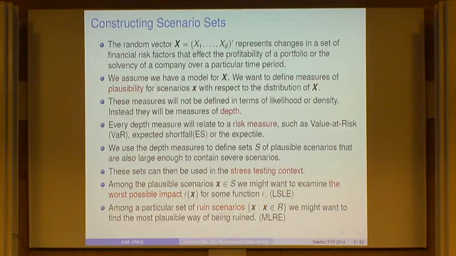I would rather call it the least solvent plausible event, but that doesn't give you such a nice acronym. You can't call it a Leslie. Mallory is the most likely ruin event, but again, I would prefer to call it the most plausible ruin event, because I will avoid the use of likelihood. Okay, so that's the context.